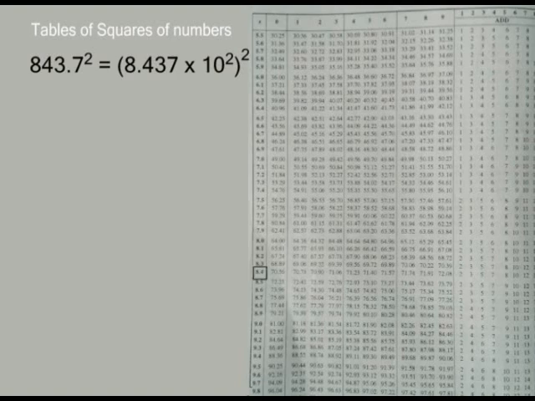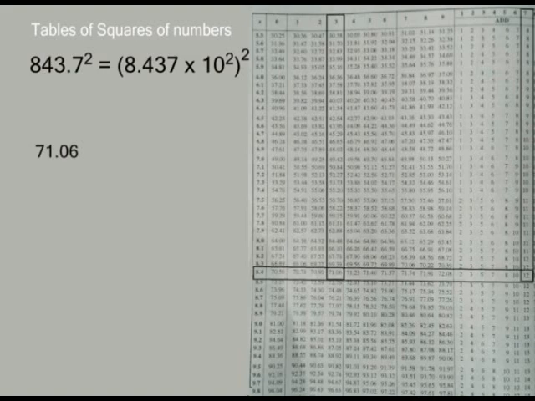8.4 is here. The column of 3 meets us here. The number is 71.06. The add column for 7 meets us here. The number is 12, and so we add to 71.06, and that gives us 71.18. 10 squared is equal to 10 raised to power 4, and so we have 71.18 times 10 raised to power 4.